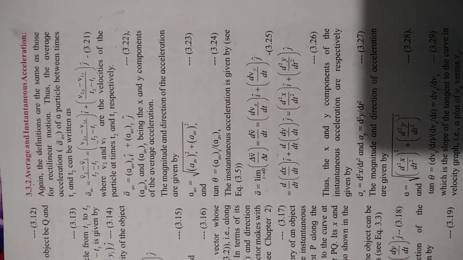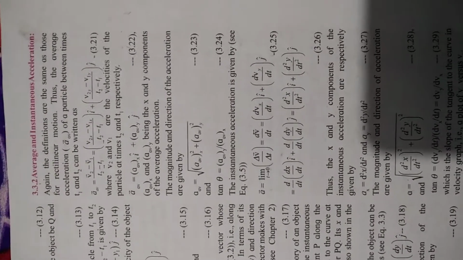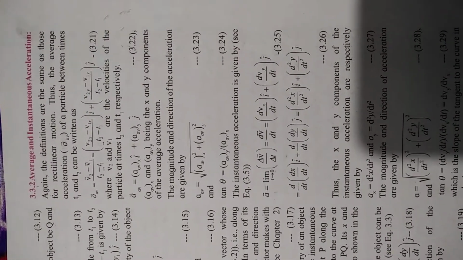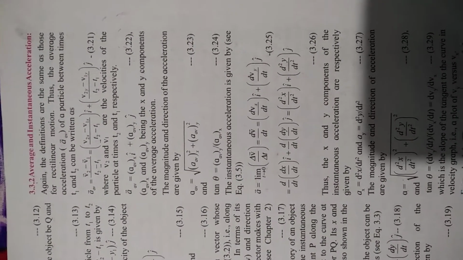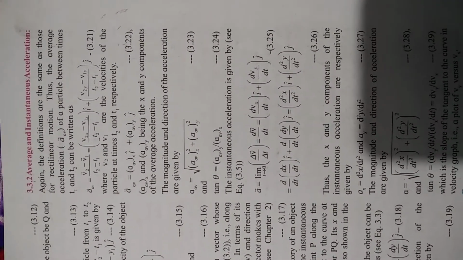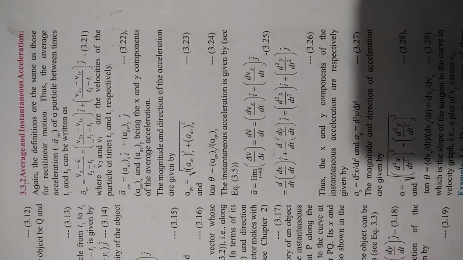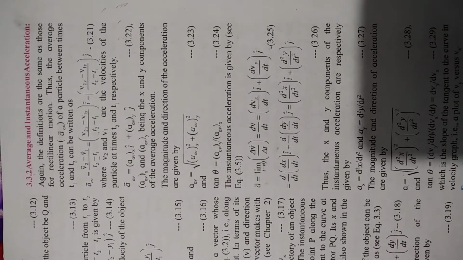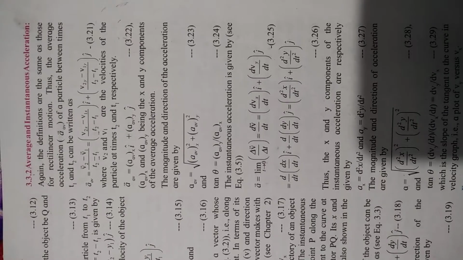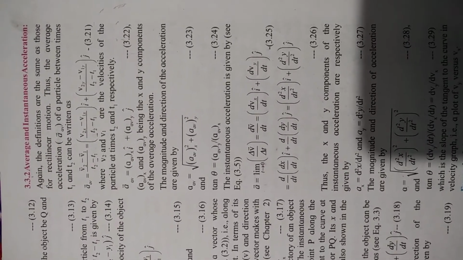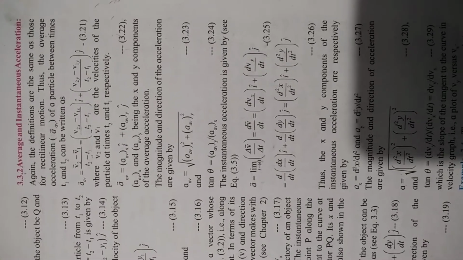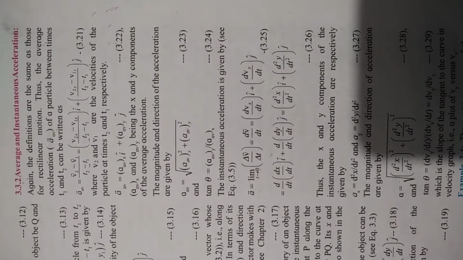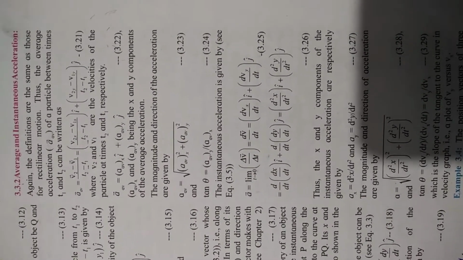Same way along the y-axis, final velocity along y-axis, that is v2y minus v1y upon t2 minus t1. So we get average acceleration, A average, is equal to A average along x-axis plus A average along y-axis, where A avg x and A avg y are the x and y components of average acceleration.